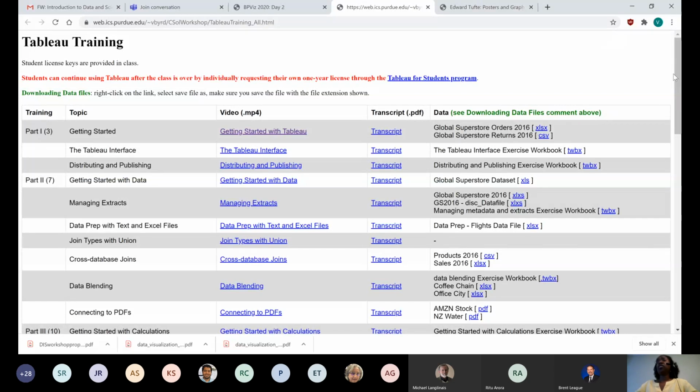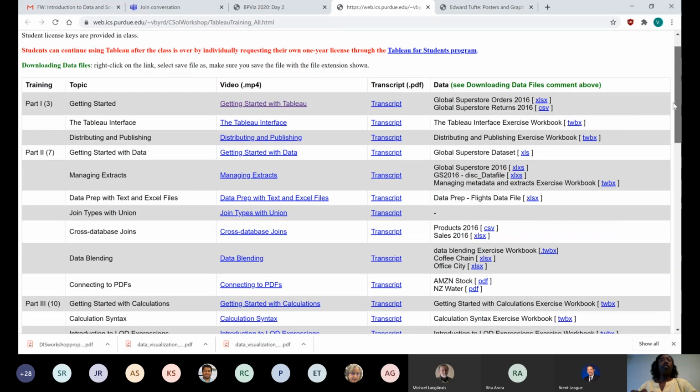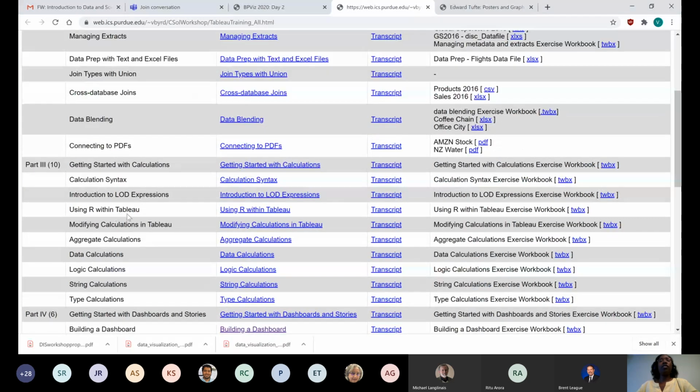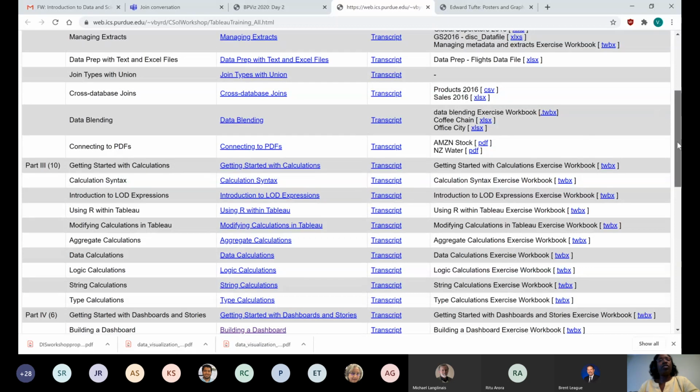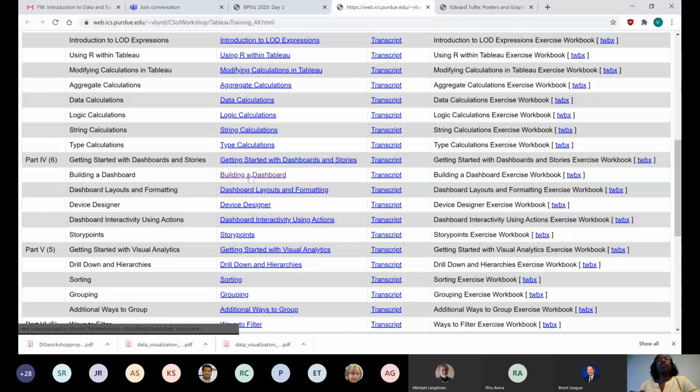If you're interested in working with R, I think they've added using R within Tableau. If you're not interested in that, maybe you're looking at building a dashboard, you can go directly to that particular video. The reason why I provided this, even though we haven't spent a lot of time with Tableau today, is that they do a really good job of explaining how to get your data into Tableau and how to create different types of visualizations.